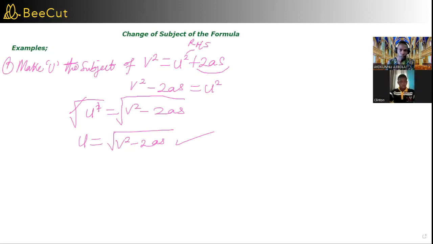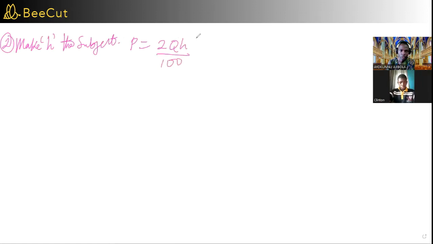Let me clear the screen there. So 2: make h the subject. Make h the subject in p equals 2qh over 100, all into square root.